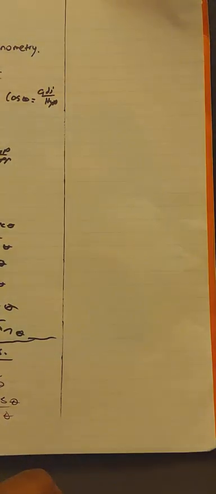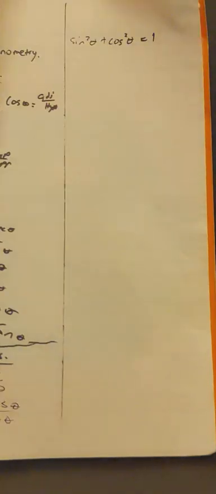Let's continue, and then we have this one, sine squared theta plus cos squared theta is equal to 1.